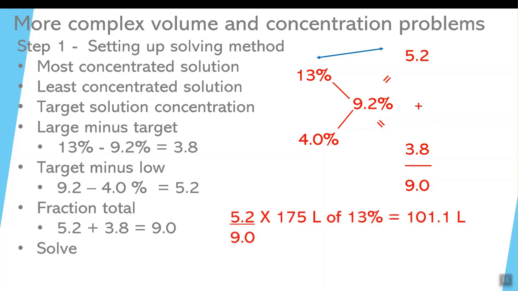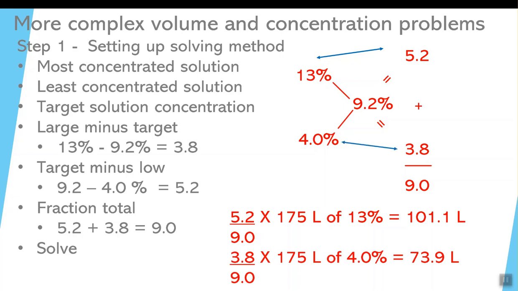So we know 5.2 out of the 9 multiplied by the target volume of 175 will give us 101.1 liters of the 13% solution. Likewise, the low number, 3.8, is connected with that 4%. So 3.8 divided by 9, the total, times 175 gives us 73.9 liters of the 4% solution. That all totals up to 175 liters.